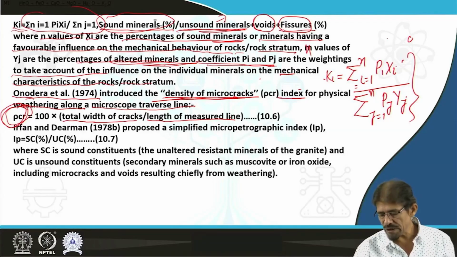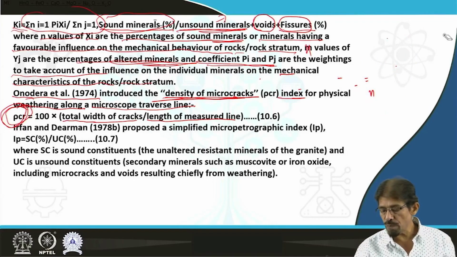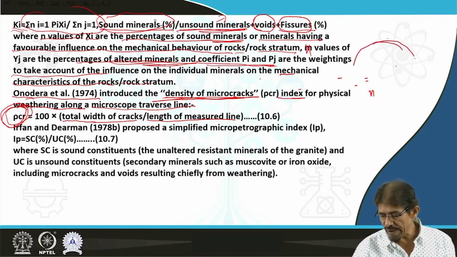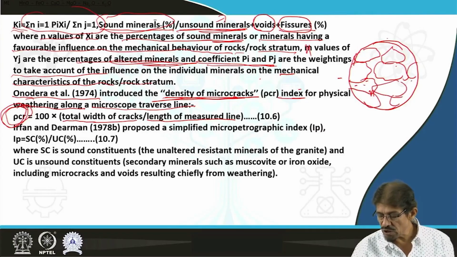It is very simple. You can also try in a microscope. If you see any rock slide under a microscope, we have different types of grains, maybe in contact or maybe slightly away from each other like this. These are the constituent mineral grains, and this zone is a void.